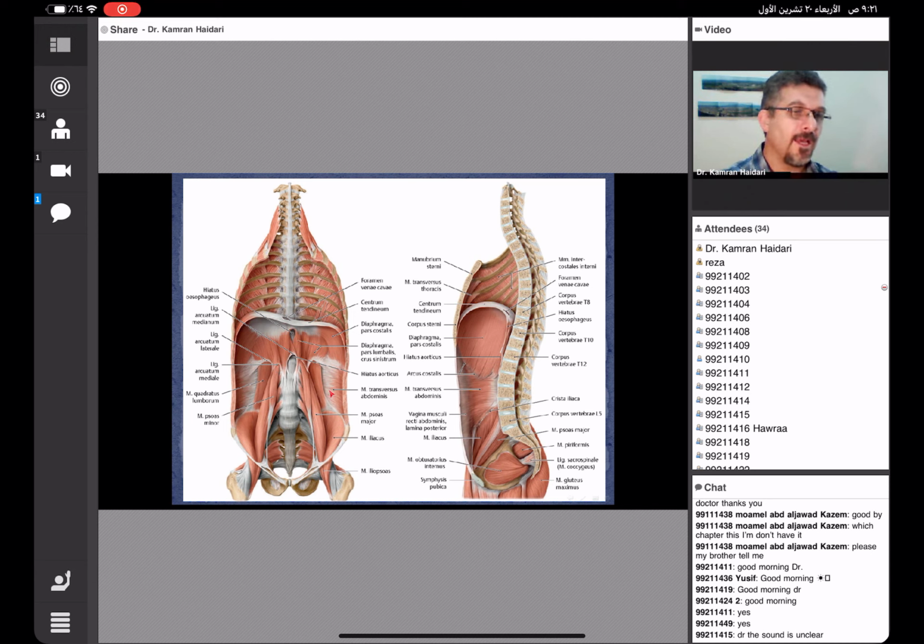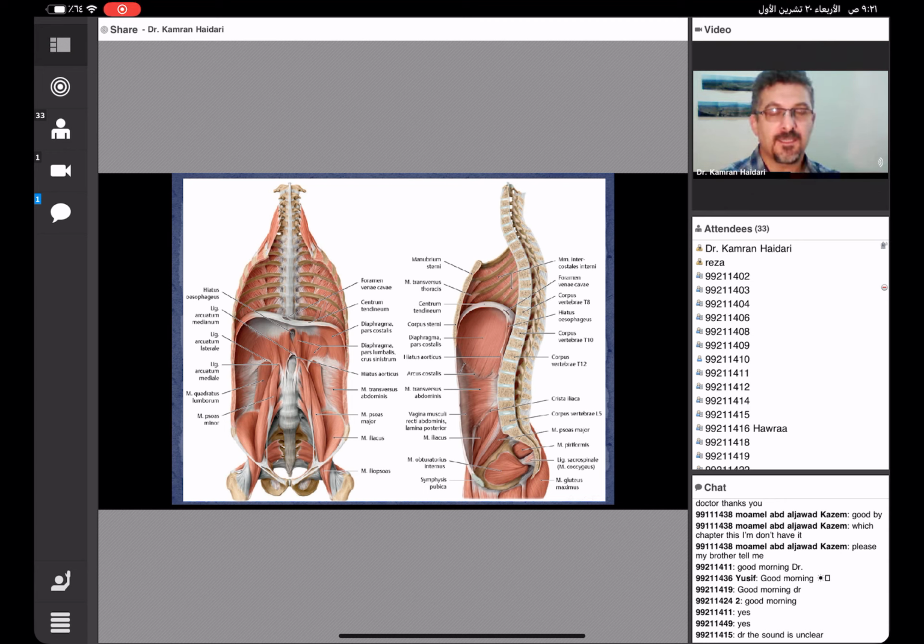It's the same. And this is another muscular attachment of the diaphragm. This is the sternocostal attachment. This is the lumbar attachment, and this is the arcuate ligament attachment.